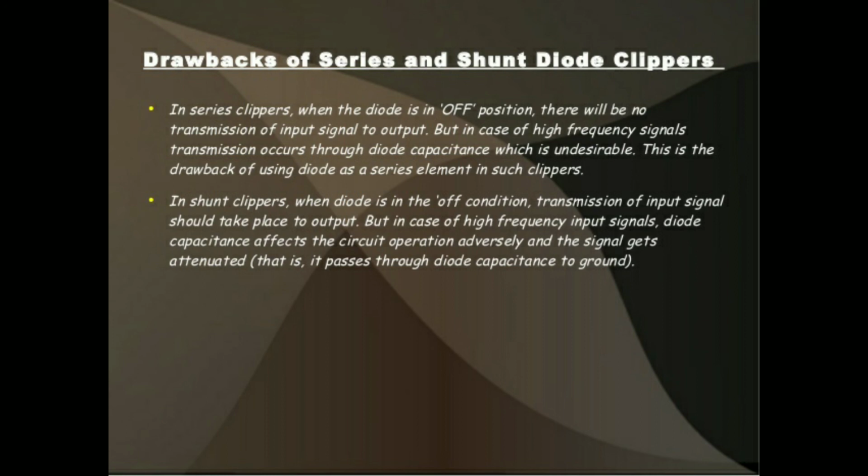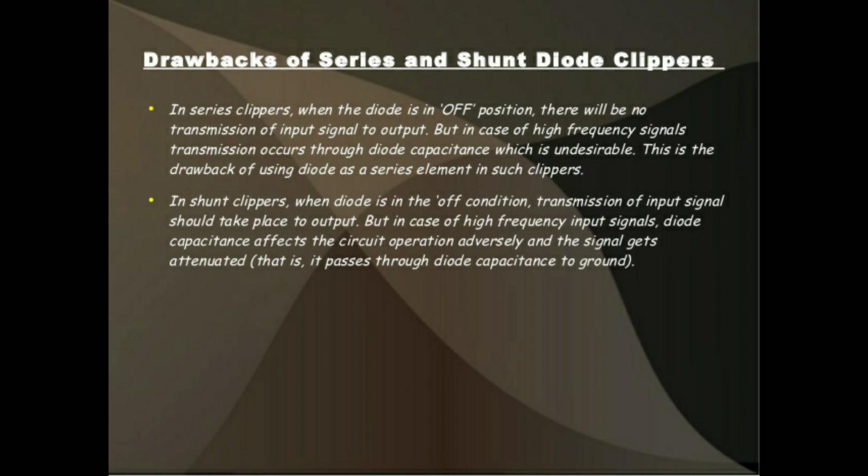That is one of the disadvantages. If the diodes are in off position and you apply a high frequency signal, it cannot transmit, because in off condition it does not transmit any signals. So you have to transmit the high frequency signals, but the diode is in off condition, so that's why we get these disadvantages.